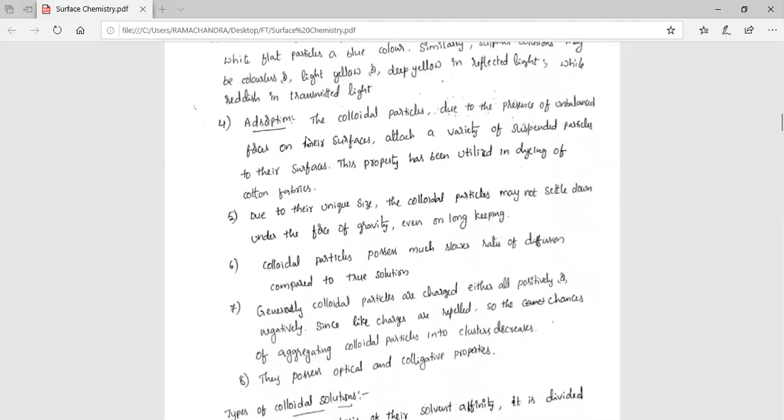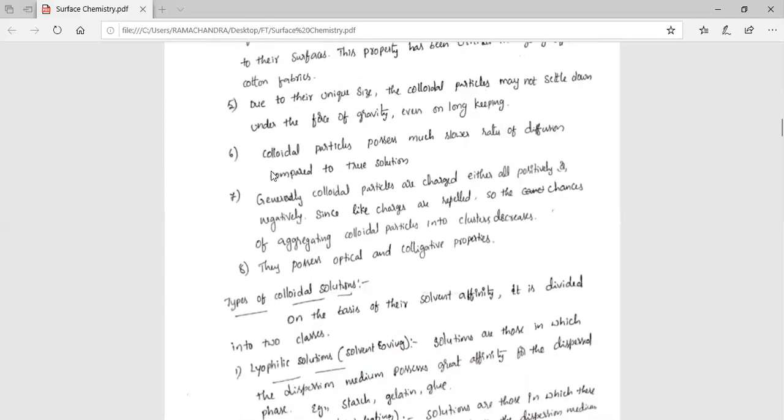Adsorption: the colloidal particles, due to the presence of unbalanced forces on their surfaces, attract a variety of suspended particles to their surface. This property has been utilized in the dyeing of cotton fabrics. So that is adsorption.